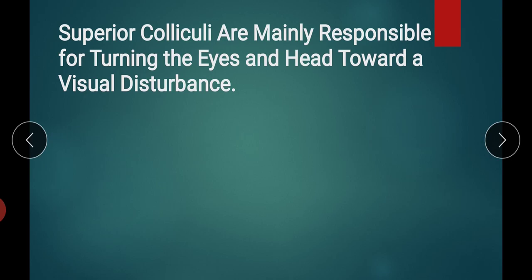All these things combined make the superior colliculus very important to cause the movement of the eye along with the movement of the head, and by that it tries to keep the image clear when we move our head.